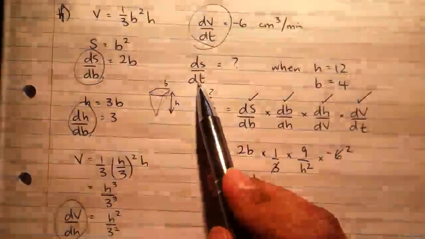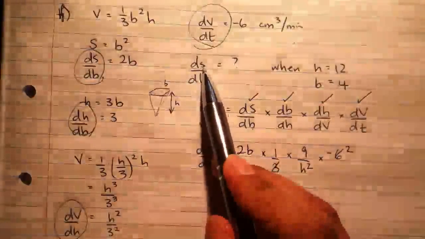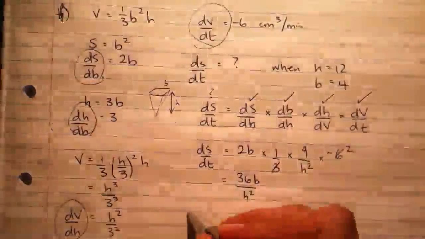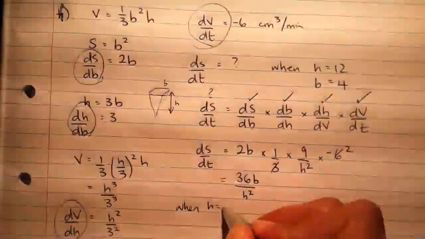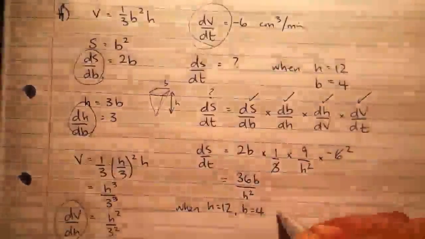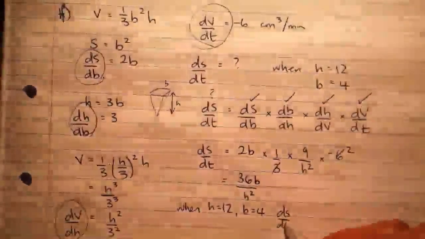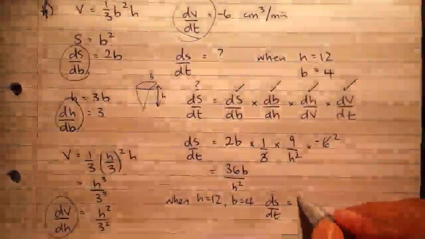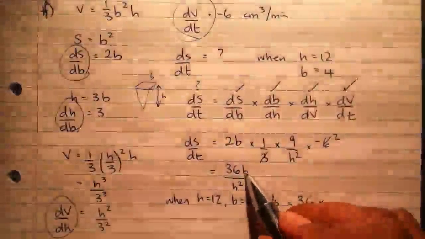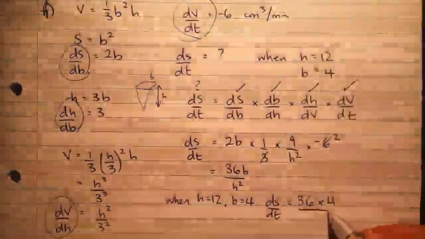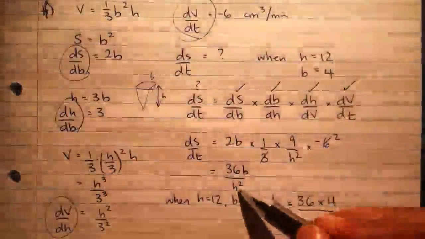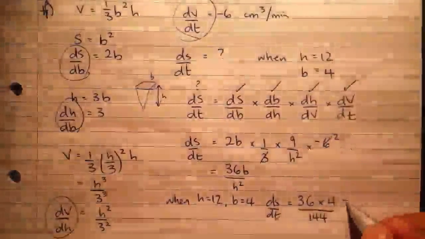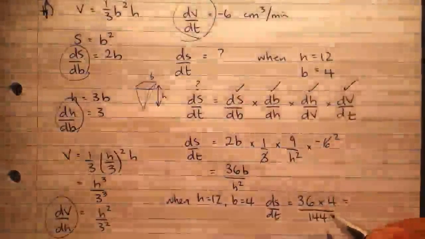We want to know what rate the surface area is changing with respect to time when h is 12 and B is 4. So when h is 12, B is 4, dS/dt is just going to equal 36 times B, which is 4, divided by h squared, so 144. I need to do that on our calculators, which should give us the right answer.